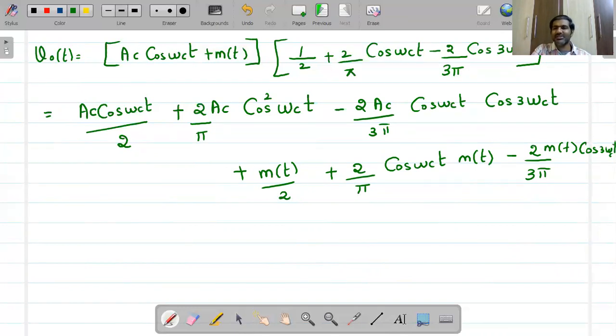I'm just cross multiplying this. So this is nothing but V naught of t.